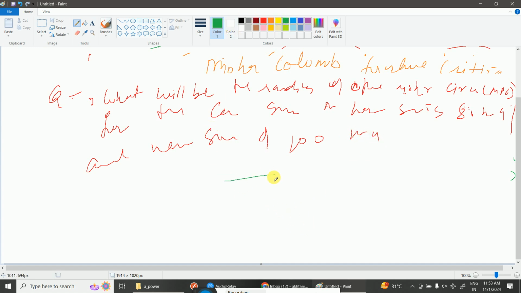So the condition is given here. The figure is given here, 100 and 18 MPa.